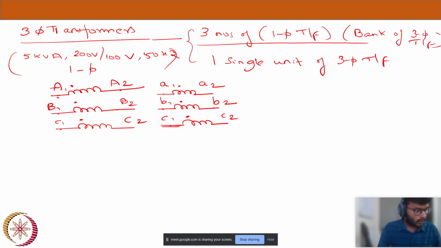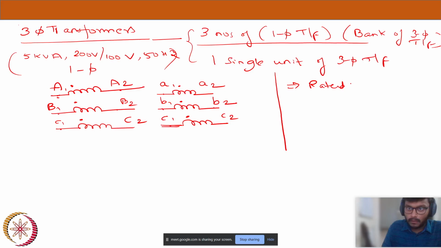Let's see what the rated voltages are: 200 volts and 100 volts.